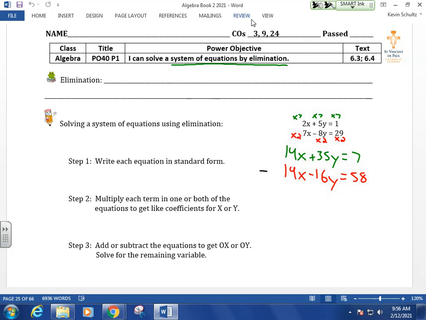If I subtract these equations, 14x's minus 14x's gives me 0x's. 35y minus negative 16y, that's one area you've got to watch closely here. You're subtracting, so you need that operation, but the 16 is negative, so it ends up being 35 plus 16, which is 51y.